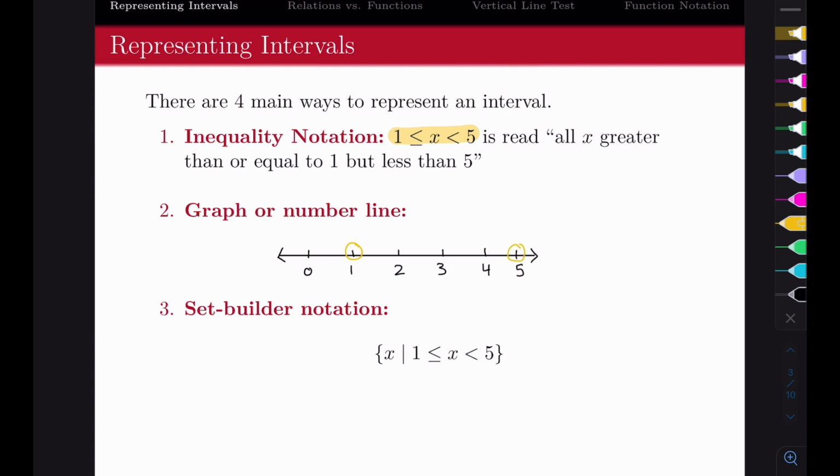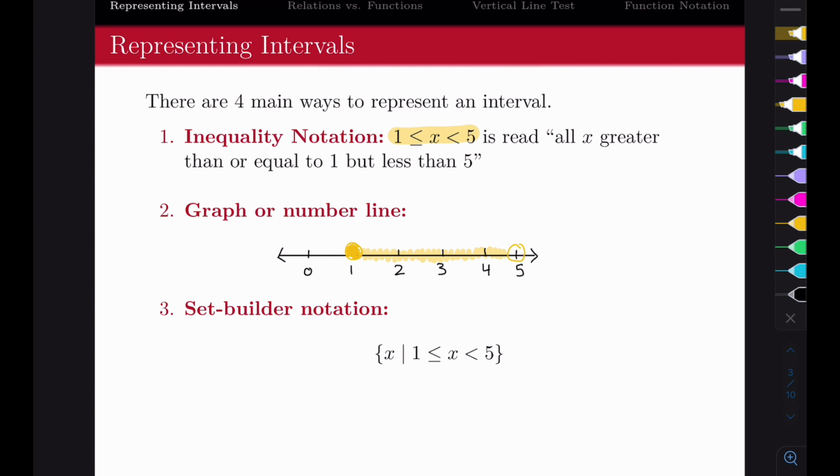So I'm going to mark these with 2 circles. To say that I can actually equal something, I'm going to go ahead and shade that circle in. So I can actually equal 1. To say I can't equal 5, I'm just going to leave this as an open circle. And then we shade all of the values that we're specifically talking about. So we're taking all the x values between these two.